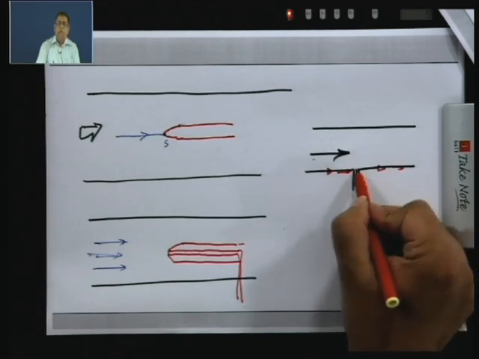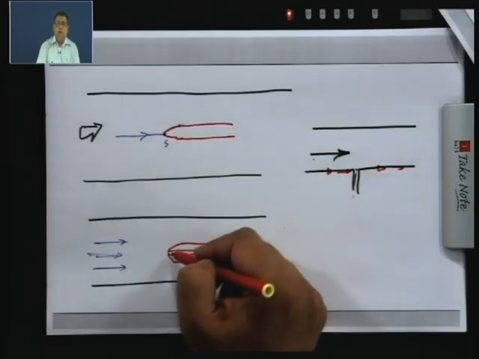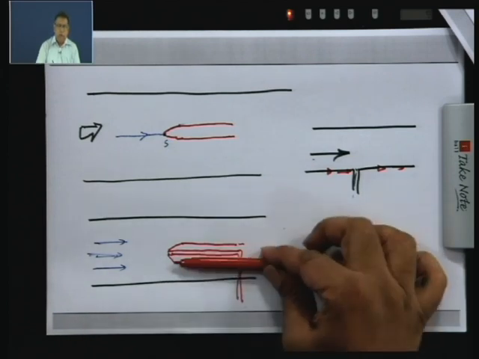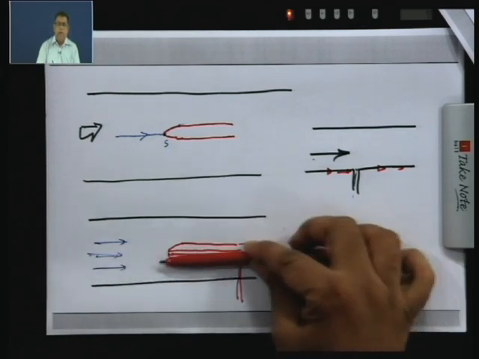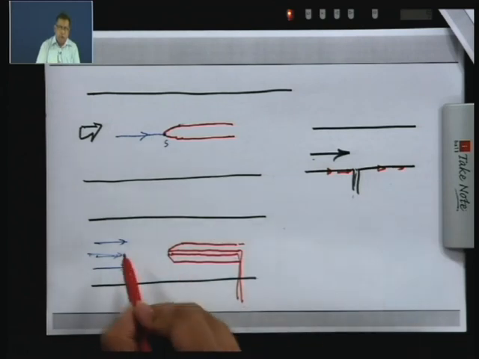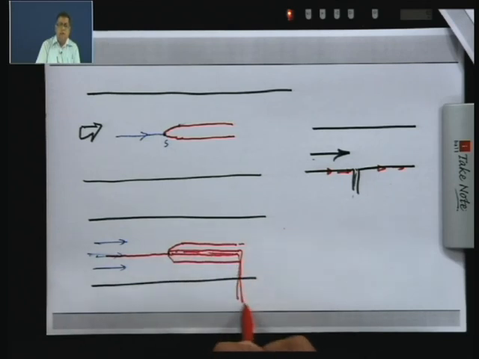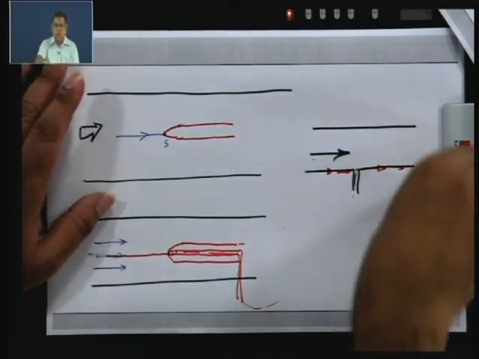The pressure read by this tube will be the static pressure, whereas the pressure read by this tube will be the stagnation pressure. So, this tube is aligned with the direction of flow and in the opposite direction. So, the fluid particles which are coming along this, they are brought to rest. So, the fluid which is inside this tube is entirely at rest. So, this principle we can use in what is called a pitot tube.